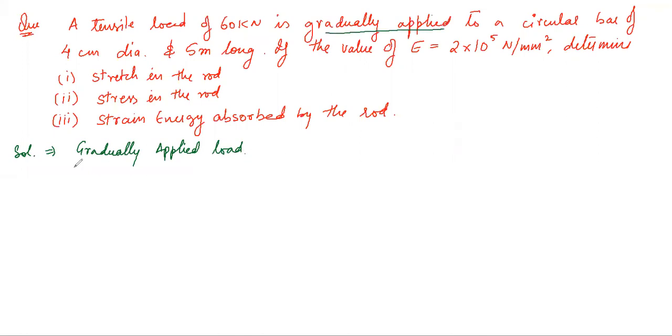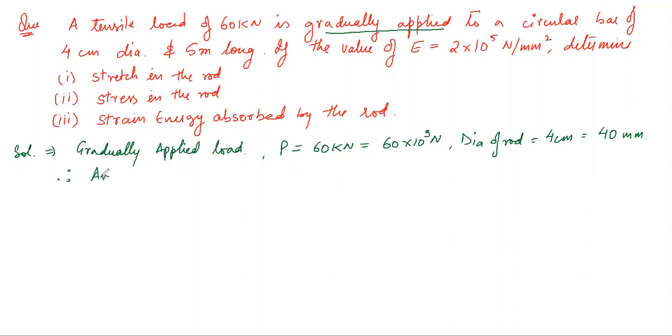So the load is 60 kilonewton, which is defined as 60 into 10 to the power 3 newton, right? Diameter of rod is given as 4 centimeter, which is also defined as 40 millimeter, right?